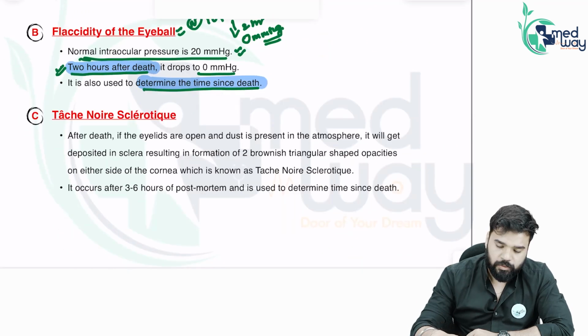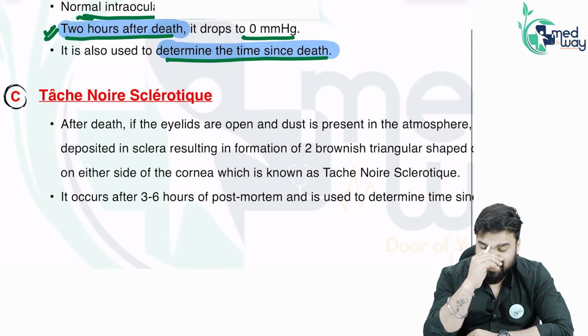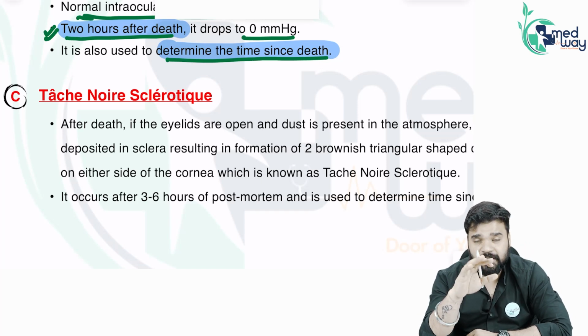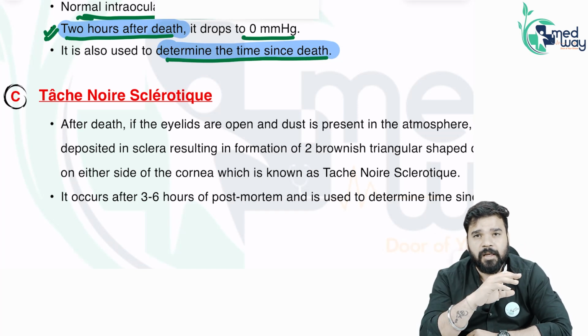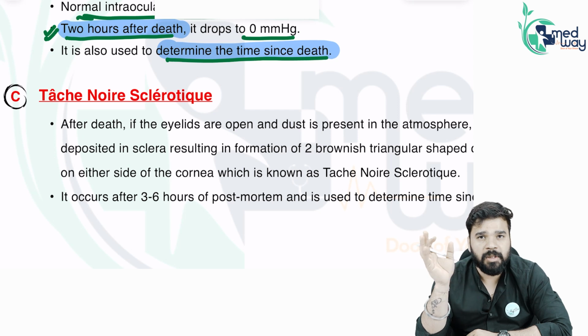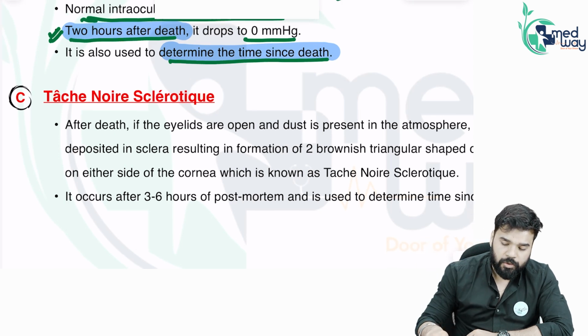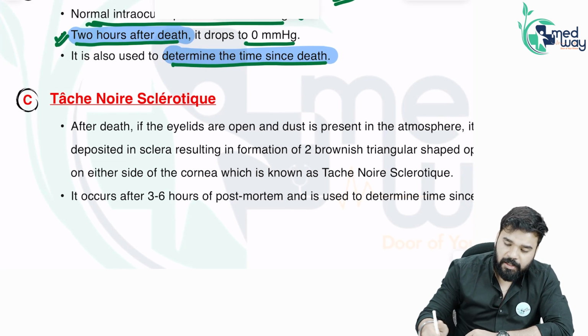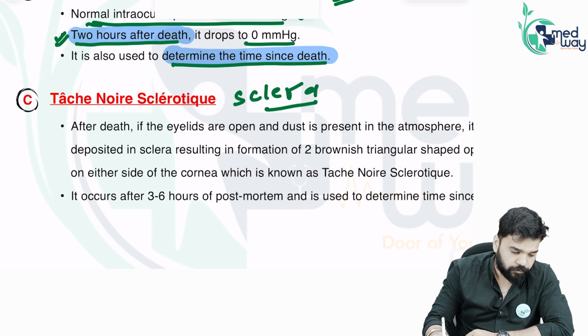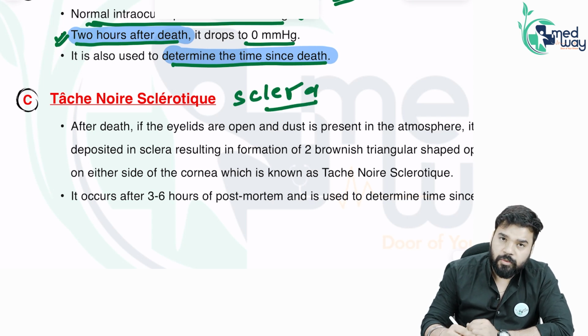Third is tache noire. This is also a very important sign, and it has been asked multiple times in the exam. It is seen in the sclera.